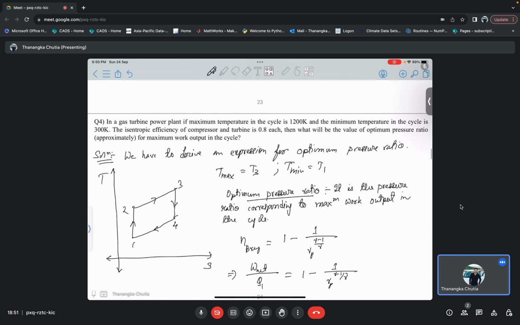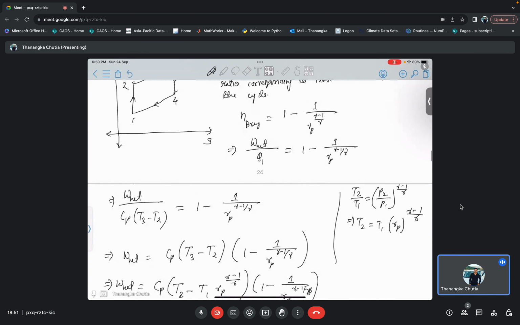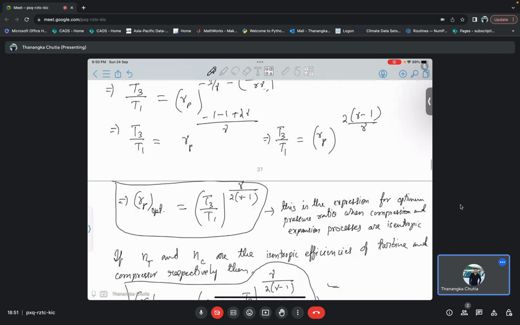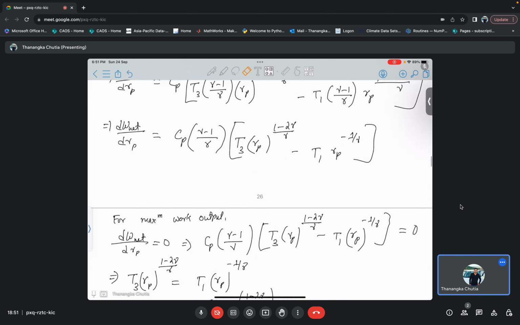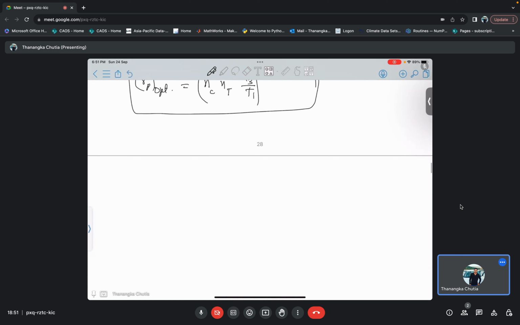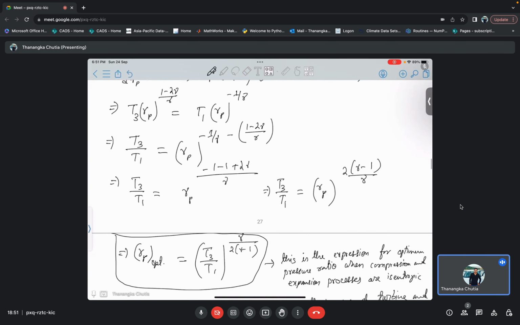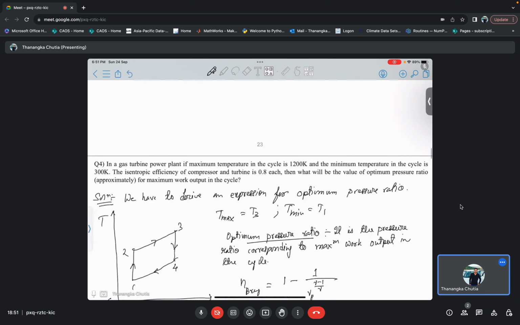So in a gas turbine plant, maximum temperature, that means T3, is given. Solution to question number 4. T3 is given to us as 1200 Kelvin.